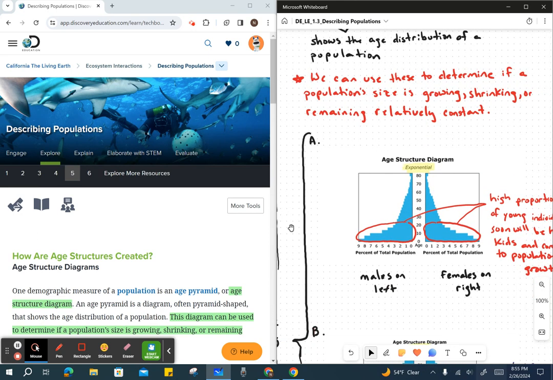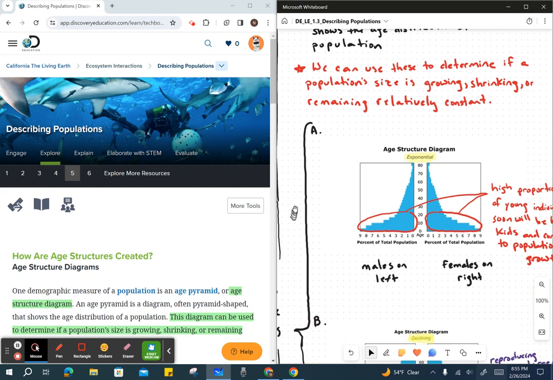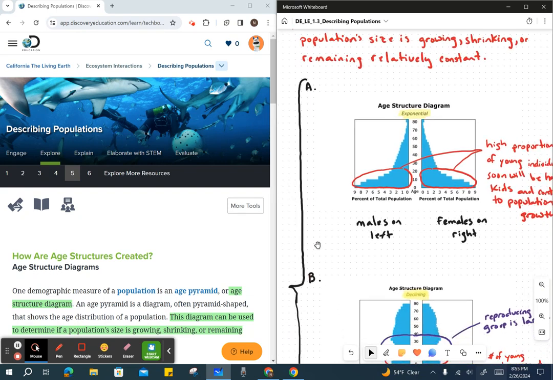Okay, so the first type that we have here, letter A, you can see it says age structure diagram, and it says exponential. I've highlighted that there, and it looks like a J curve. You can see that it kind of starts low, and then there seems to be this kind of swoop up like a J shape.